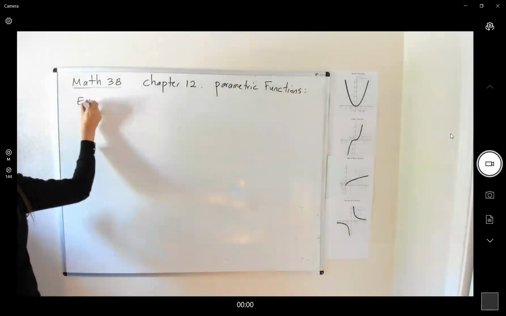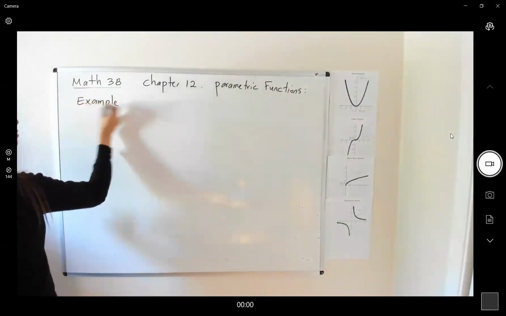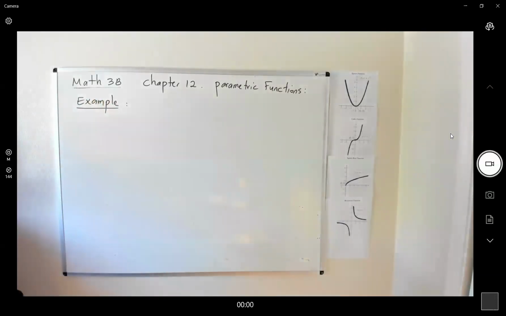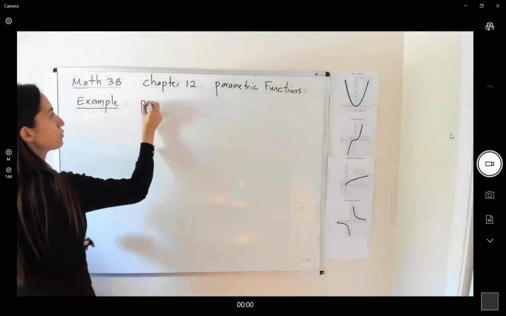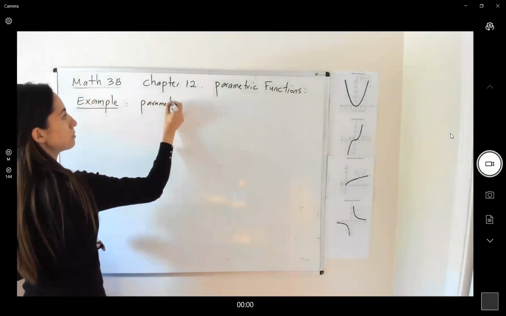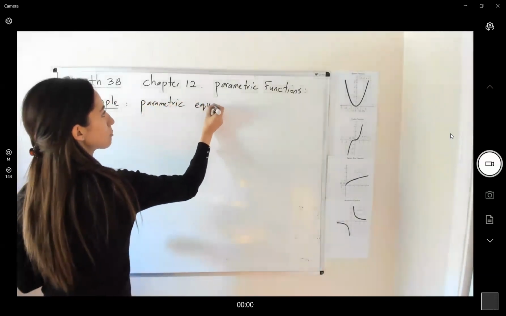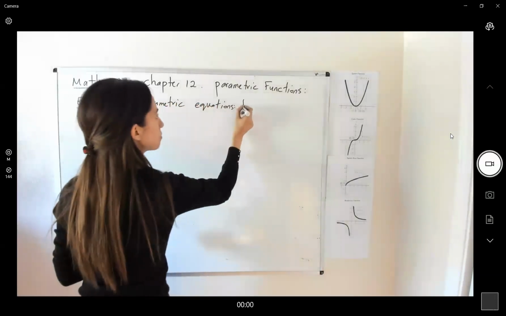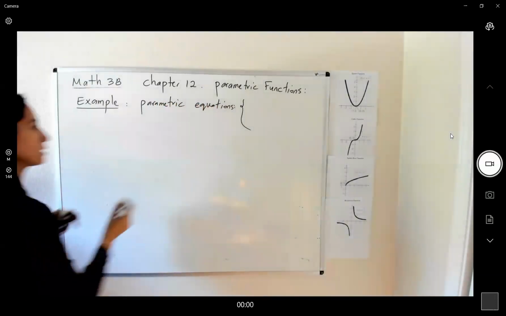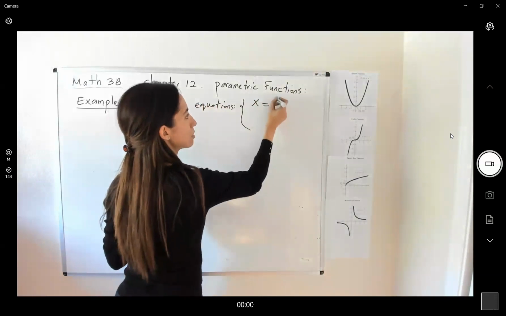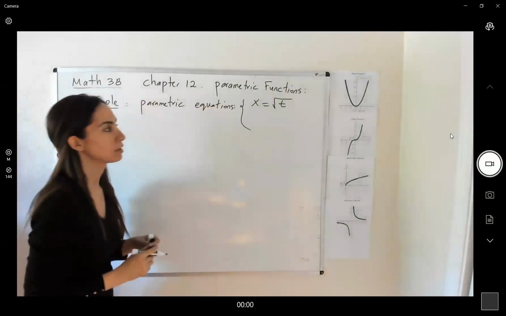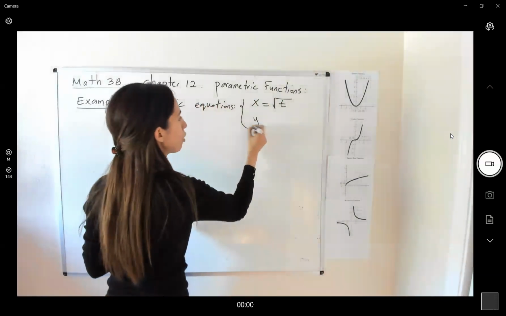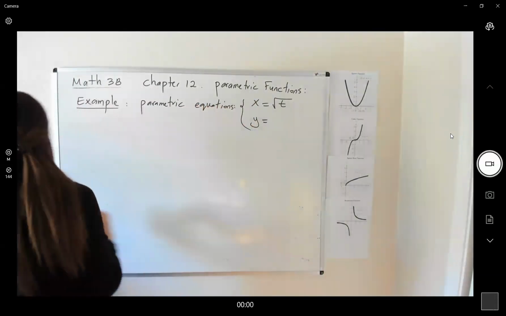Example. So, what's given here? Parametric equations for a particle are given. So it says x coordinate is square root of t, and your y coordinate is just t.